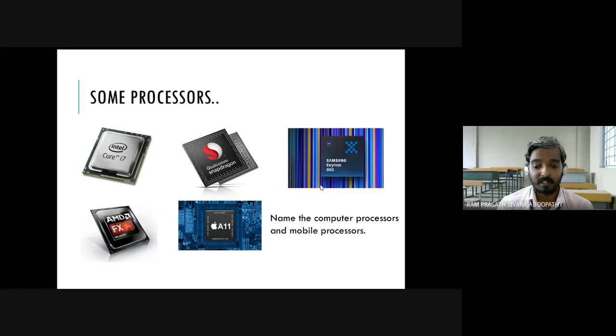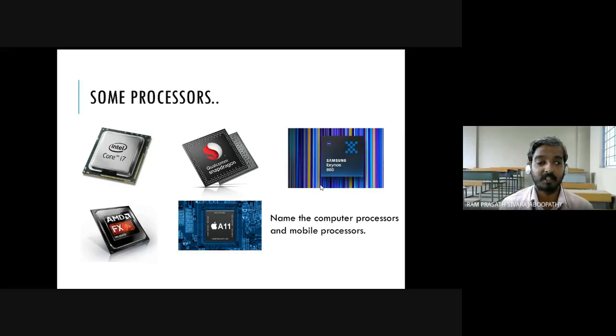Any system you take, there must be a microprocessor or microcontroller. In the digital components we use in our day to day life, almost everything definitely has a microprocessor or microcontroller. When we are going to run a powerful application, we have to go for a powerful processor.